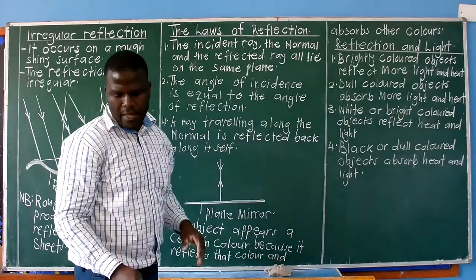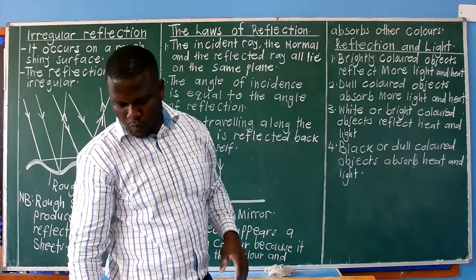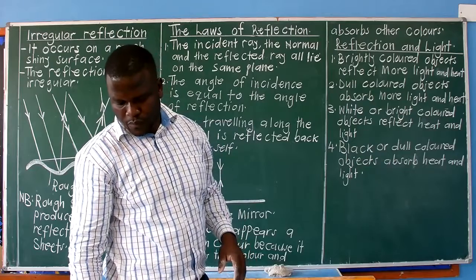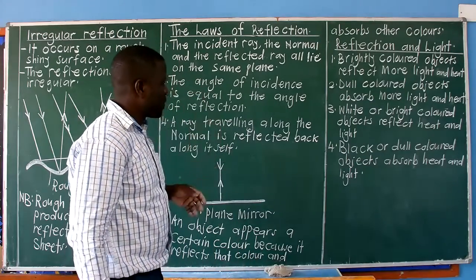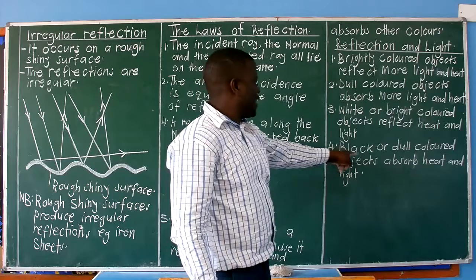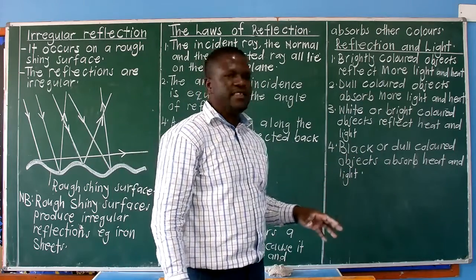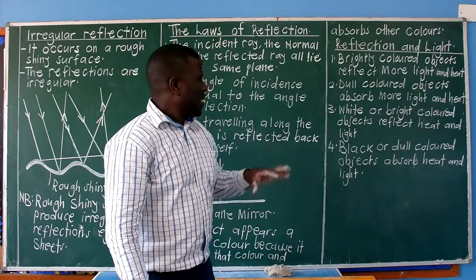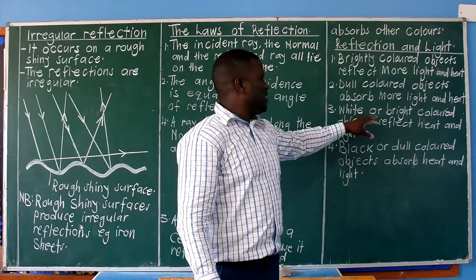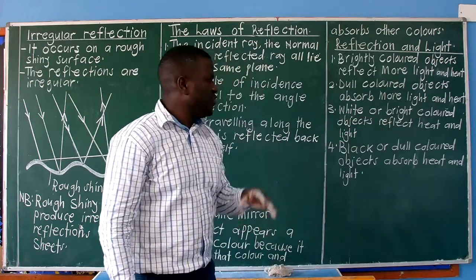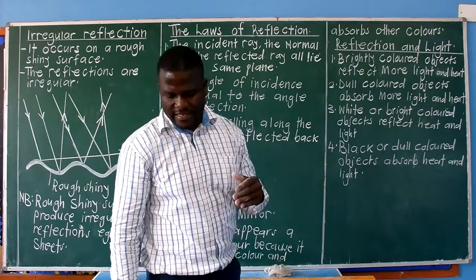Now, that's what you need to know. That black or dull objects absorb heat and light. Then an object which is white or brightly colored, it will reflect heat and light.